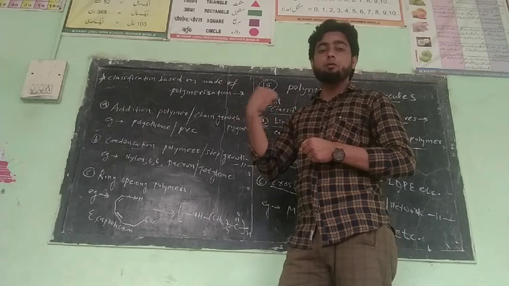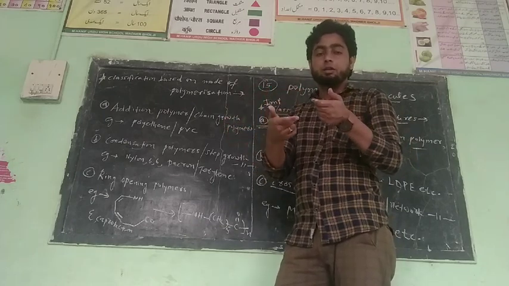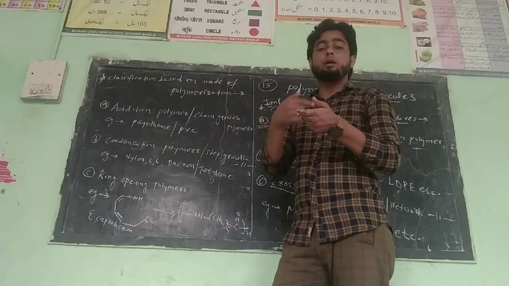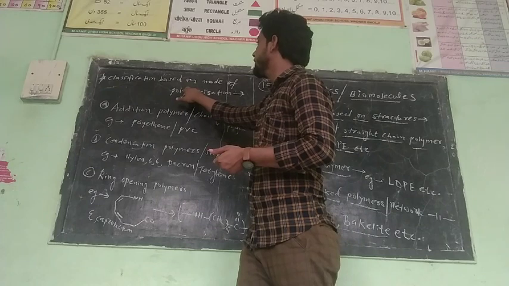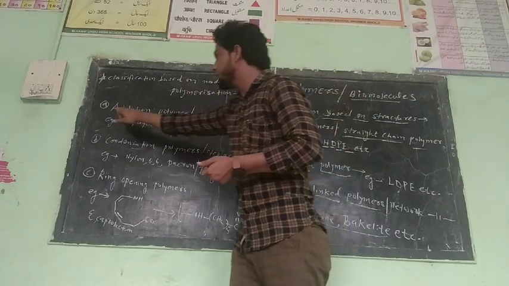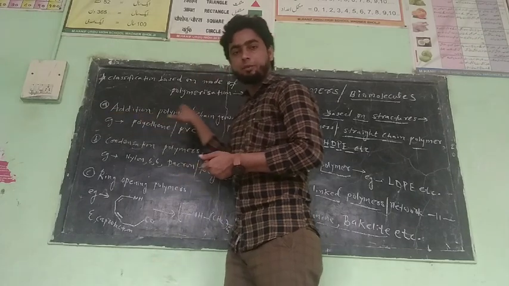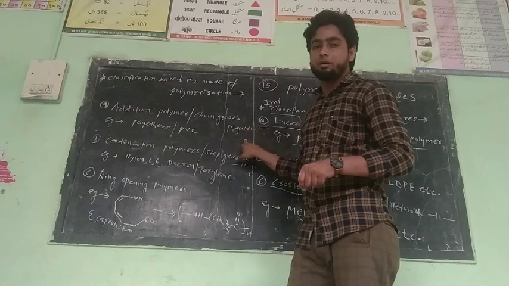So depending upon whether the monomer is the same or different, on the basis of what type of monomer, the classification of polymer is: first, A, addition polymer, also called chain growth polymer.